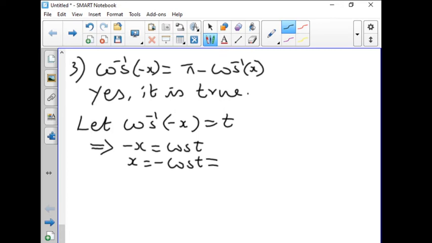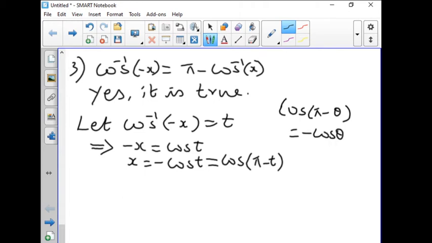So what is minus cos t? Can we write it as cos of pi minus t? Because we know that cos of pi minus theta is equal to minus cos theta. Yes, it lies in the second quadrant, and in the second quadrant cos is negative. You remember this: all students taking chocolate or all silver teacups.